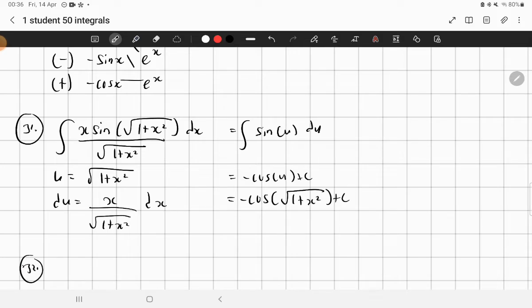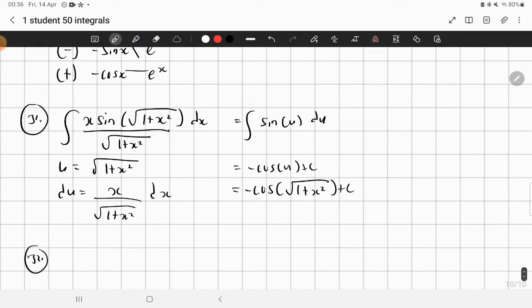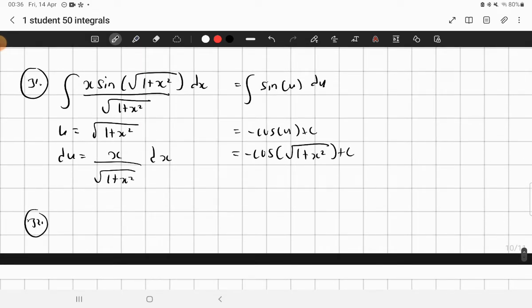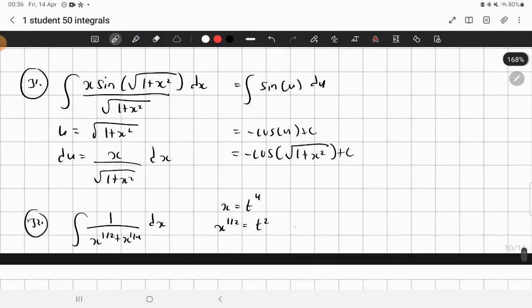So question 32. Okay, so question 32 basically gives us 1 over x to the power 1 over 2 plus x to the power 1 over 4. Alright, I believe if I am correct with the approach, if I let x be t to the power 4, then I could make x to the power 1 over 2 as t squared and then x to the power 1 over 4 as t.